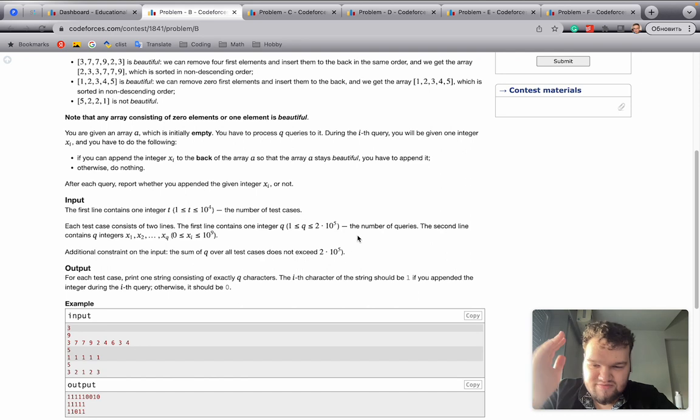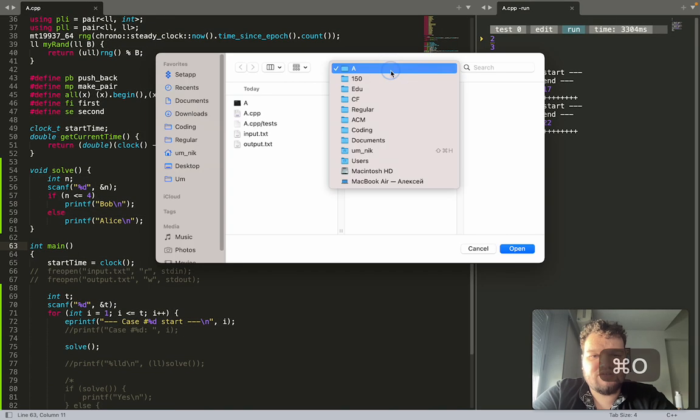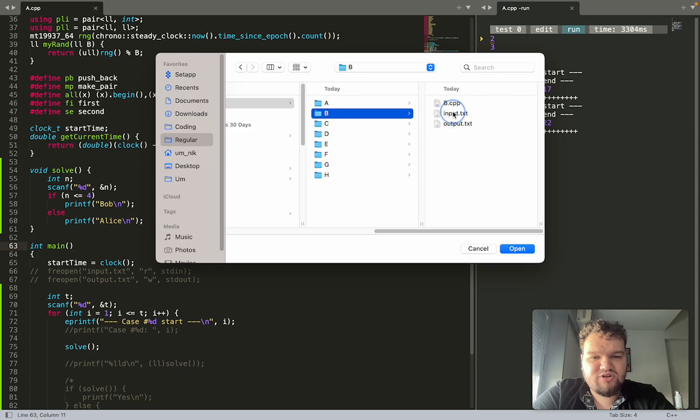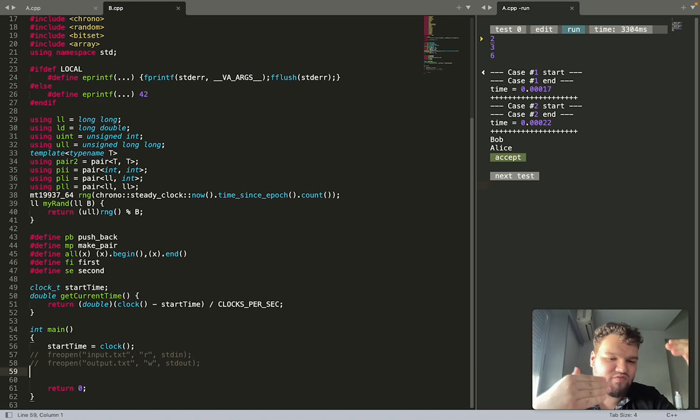So we don't even have to store everything. We only need to store the first number, the last number, and whether we are in the stage when we already have this down movement once.